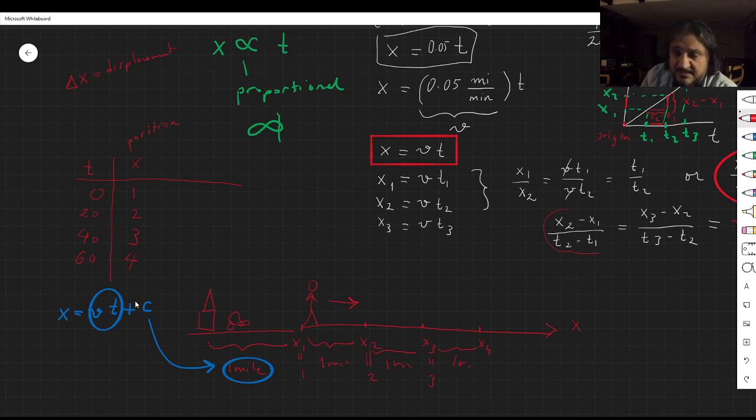So if you do it, you don't really change much. You can still write x equals 0.05 miles per minute times t, but now you add a mile here, plus 1 mile.